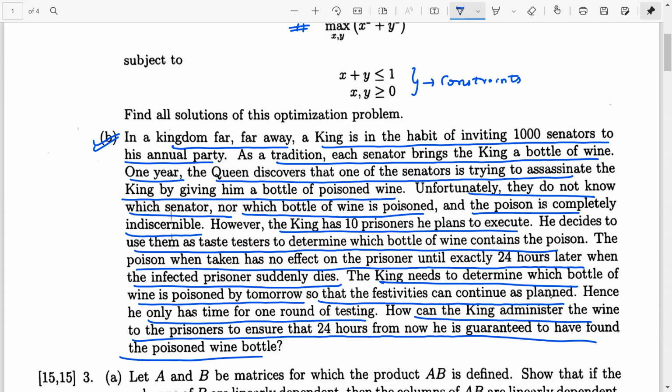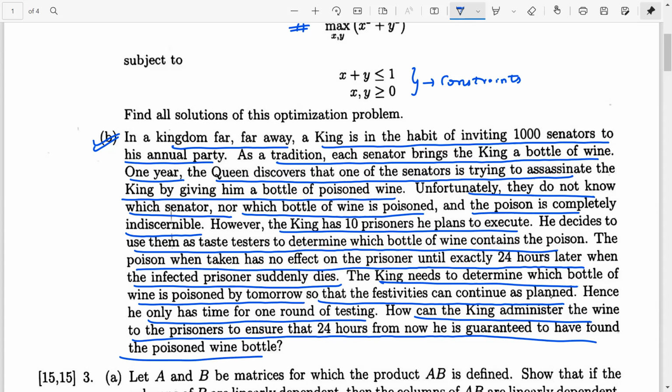So it's a very interesting question, okay? And now we need to actually, as mathematicians, look at this question. Now, the king needs to design a function, basically. The king needs to design a function as to how he can administer the wines. He has received 1,000 wines from 1,000 senators.